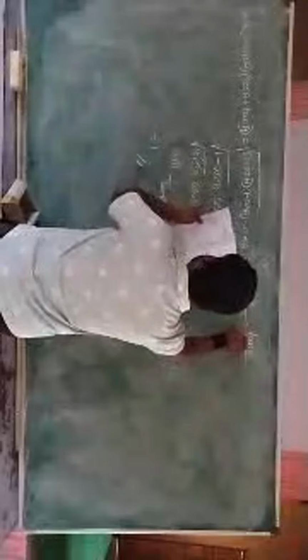2025 question paper number 1. Prove that sin theta divided by 1 minus cos theta plus tan theta divided by 1 plus cos theta is equal to cot theta plus sec theta into cosec theta.